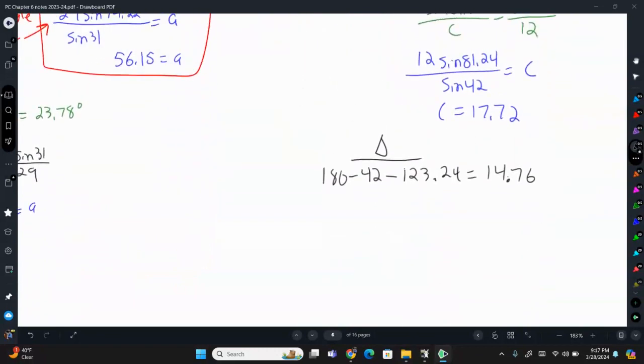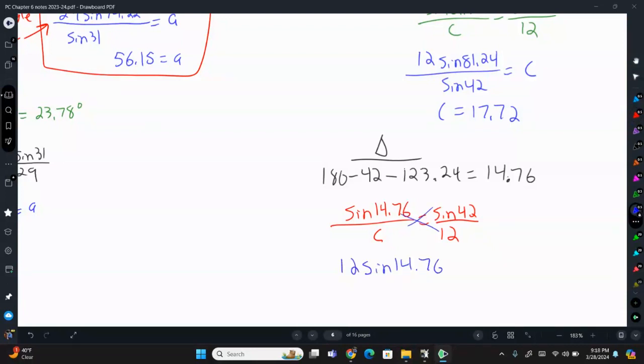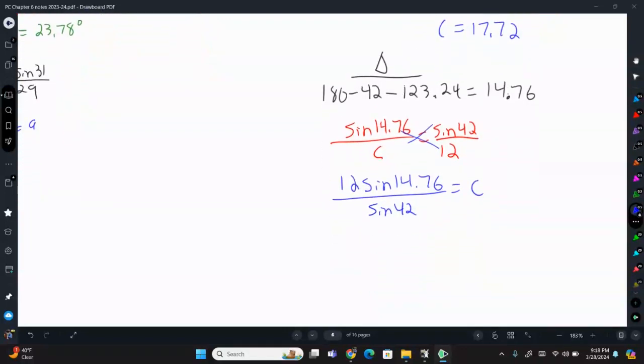We're going to do law of sines again. The sine of 14.76 over c equals the sine of 42 over 12. Cross multiply and divide, so we have 12 times the sine of 14.76 divided by the sine of 42 equals c. When we type that into the calculator, we get 4.57 is equal to c.